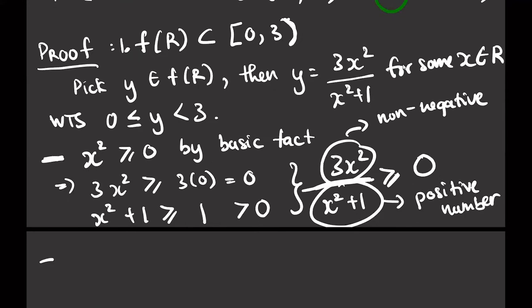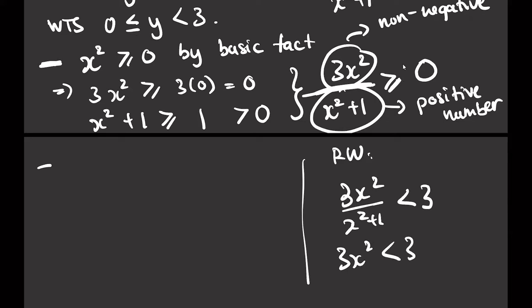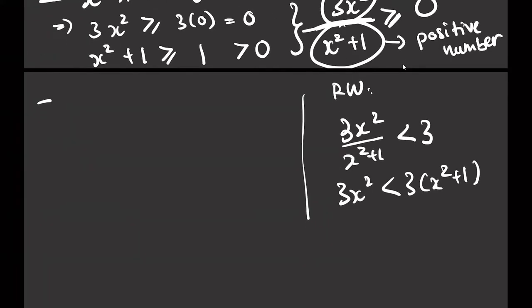And the second thing is we have to prove it is less than 3. So in our rough work, I would write 3x squared over x squared plus 1 is less than 3. And I multiply both sides by x squared plus 1 because it is a positive number, so I can multiply and it doesn't change the direction.